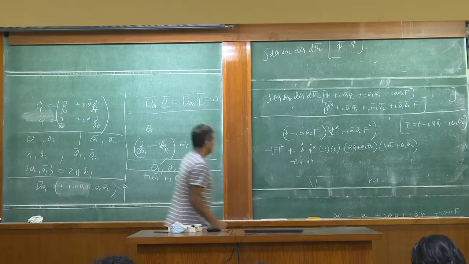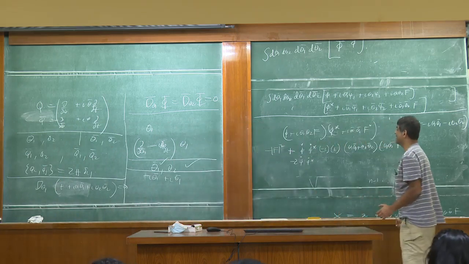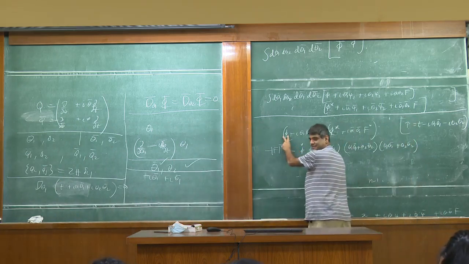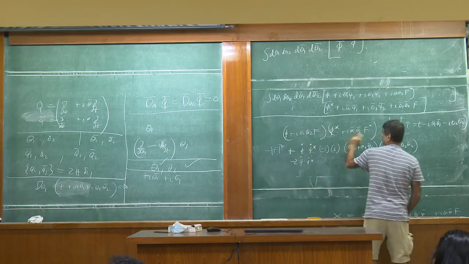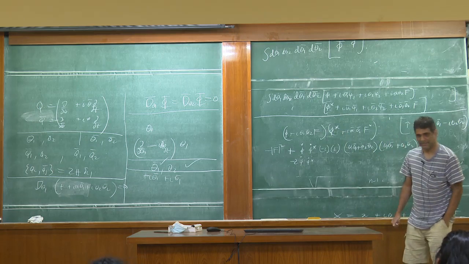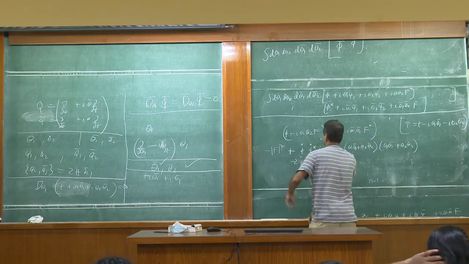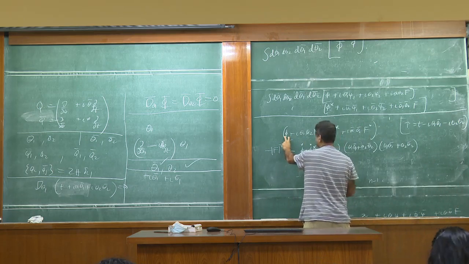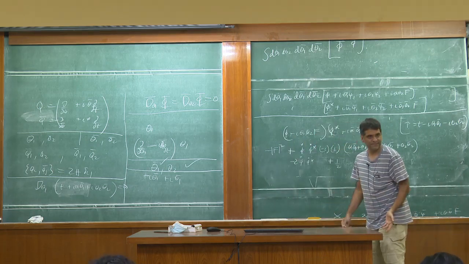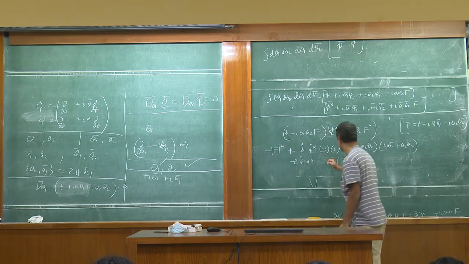Excellent. Then next, let's take the term where this guy is expanded to second order and this guy is zeroth order. Because this guy is expanded to second order, there is a half, that's in the Taylor series expansion formula. i squared is minus 1, so there's a minus.